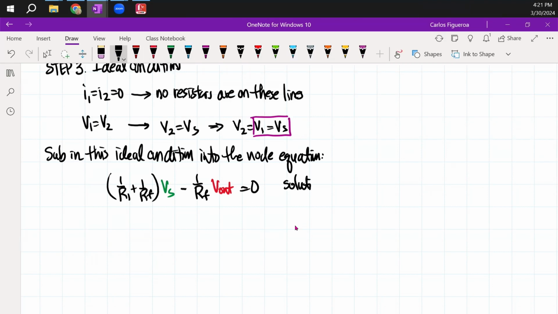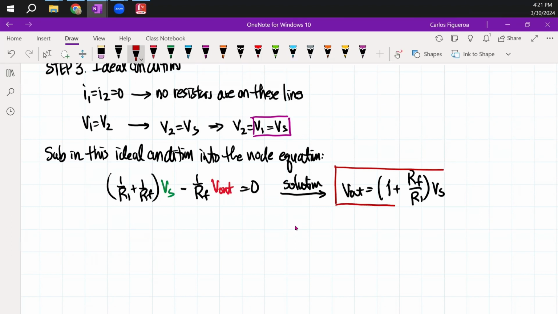So if I get the solution for V out, V out is going to be the combination of 1 plus RF over R1 times V source. So now we know what the output voltage is.